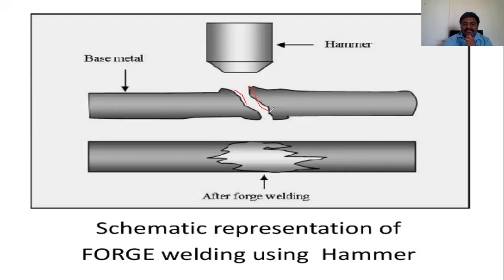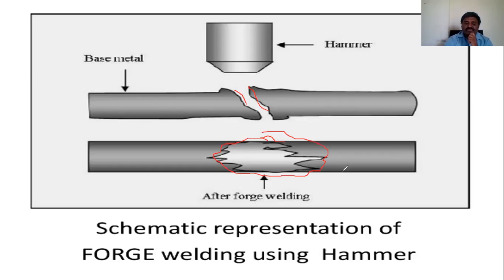The weld can be completed by pressure or hammer blows at the joint. Then the joining takes place.